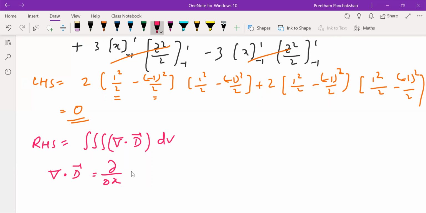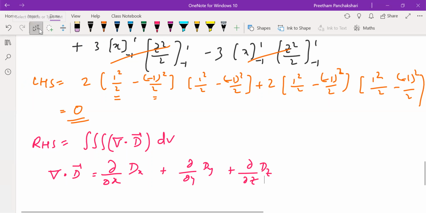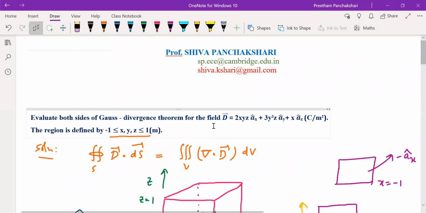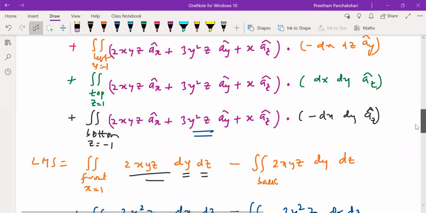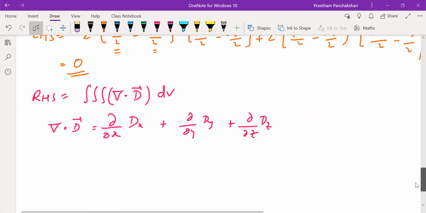That is the partial derivative of Dx, Dy and Dz. Now we have to find out what Dx, Dy and Dz are. So we should move to the problem where D is present. Okay, keep the vector D here for reference.